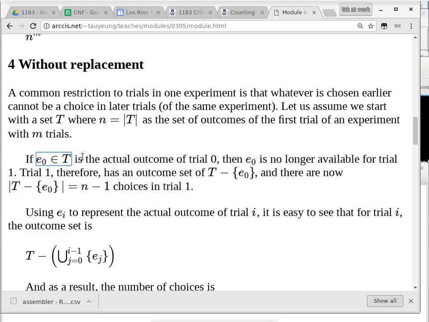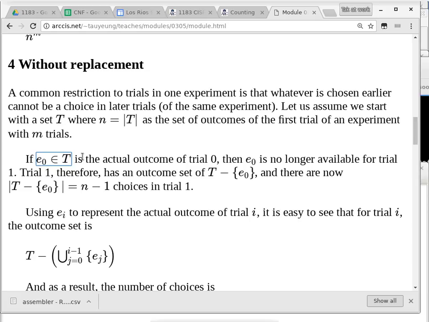So that means the outcome set of the second trial, or trial 1, is going to be T minus the set consisting of E0 as the only thing inside. Is that making any sense? It contains one fewer element, whereas that element was the actual outcome of the first trial, or trial 0.